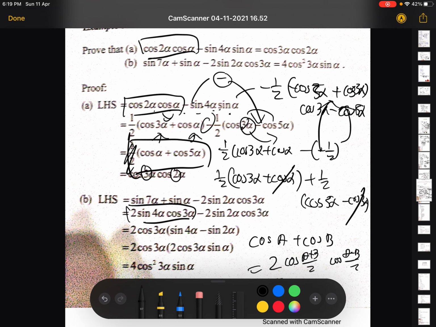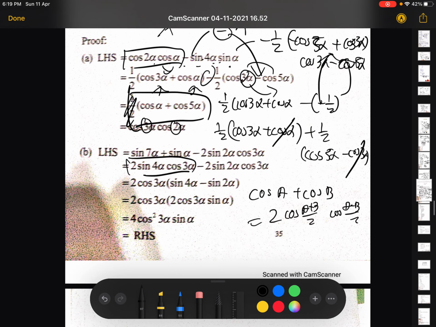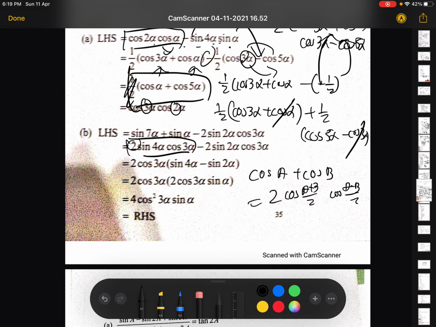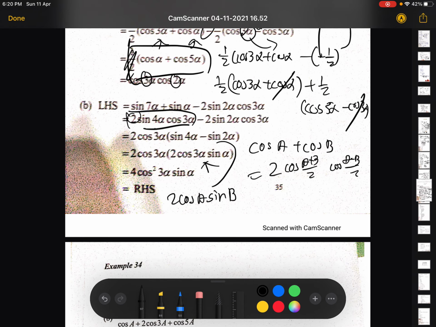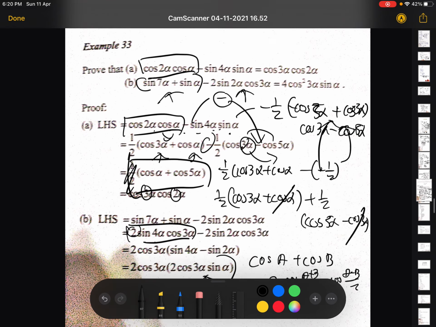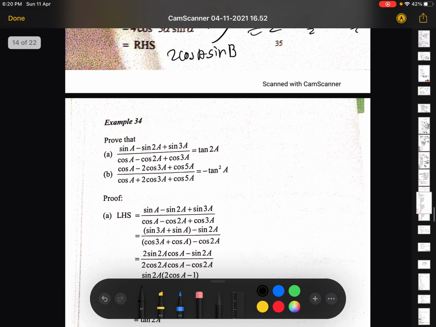You leave it the same. So either you change this or you change this, and I would change this because it's easier. So I change it into 2 sine 4 alpha cos 3 alpha. I take out the 2, then I take out the cos 3 alpha. So you will get sine 4 alpha minus sine 2 alpha, and then you use this to become 2 cos A sine B, which is here, and after you go on, you should get your right hand side.